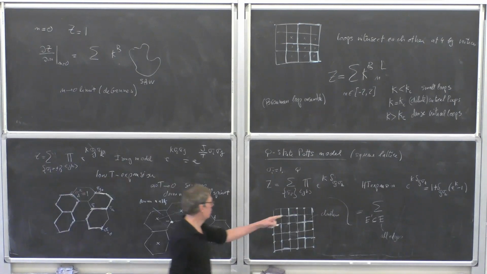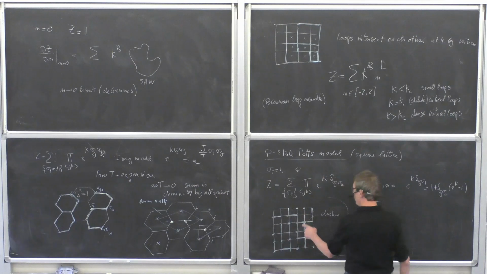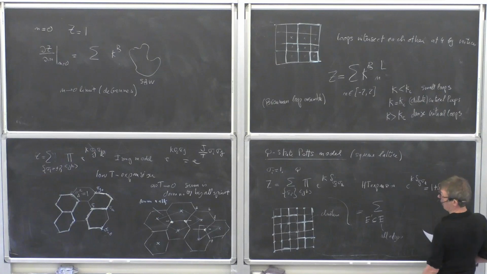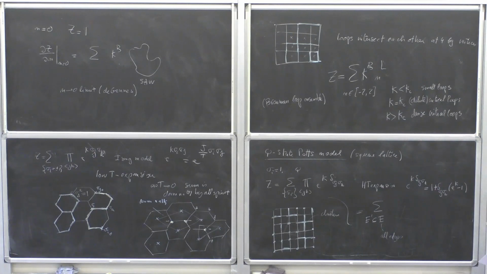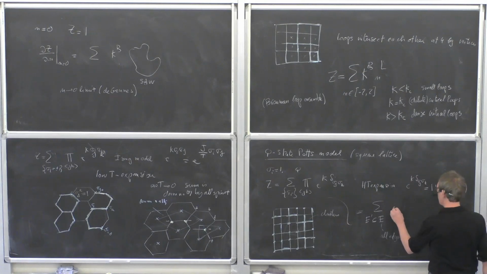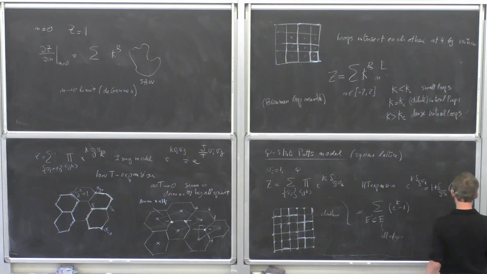This is the subset where I took these blue edges, and otherwise the other ones I didn't take. And then what do we have? So what is the weight of these clusters? Well, it's easy. For each blue edge, I have an e to the k minus 1. So I have an e to the k minus 1, 2, and now I'm going to use the notation |E prime| to denote the number of edges.